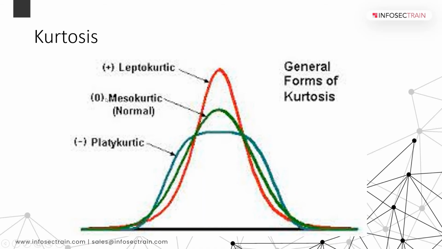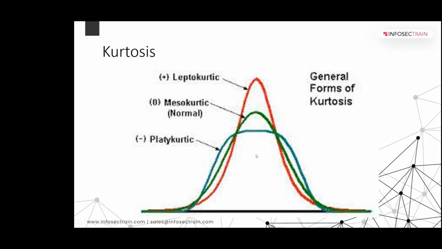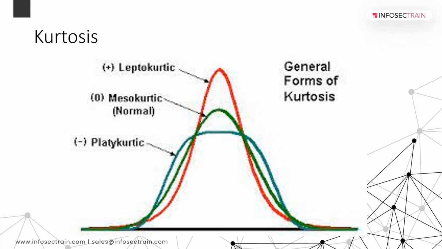Then mesokurtic, if we compare it to people: leptokurtic means very tall people, mesokurtic means people of normal height, and platykurtic means people having obesity problems, okay.